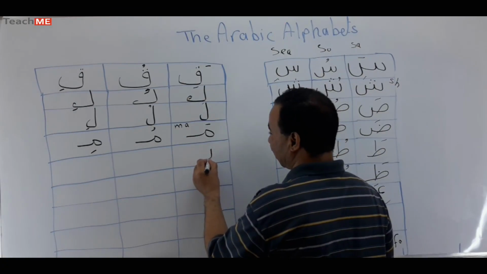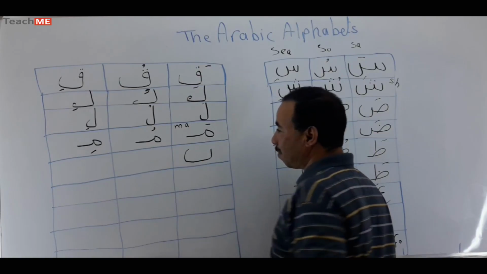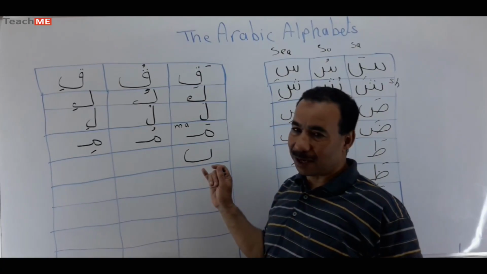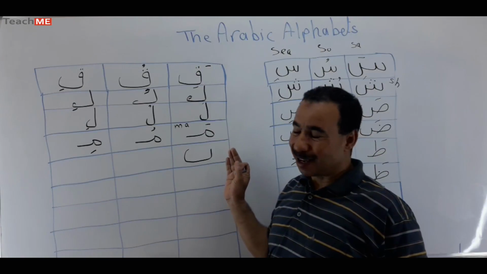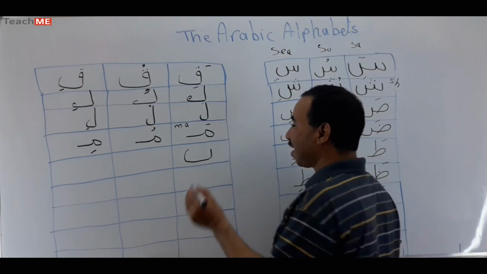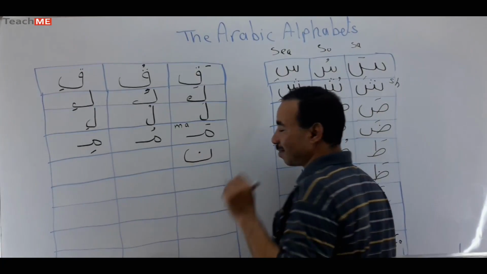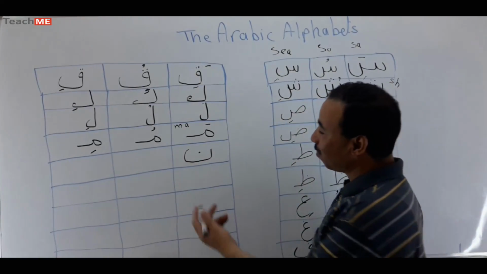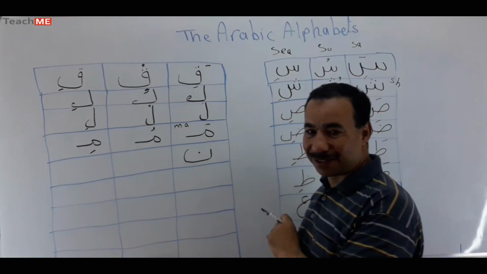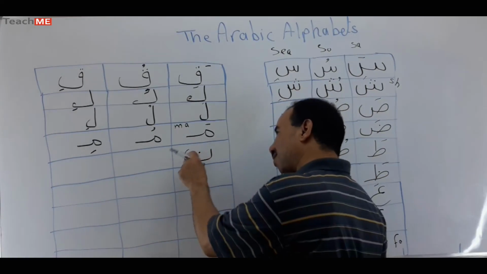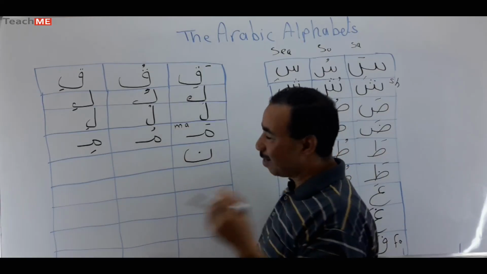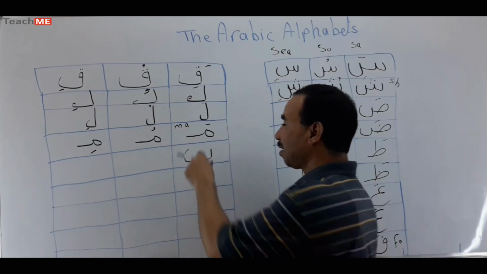After Mim, Noon. Look at Noon. If you remember, when we write Ba, Ta, Tha, Ba has one dot under, Ta has two dots inside, and Tha has three dots. Noon has one dot inside.